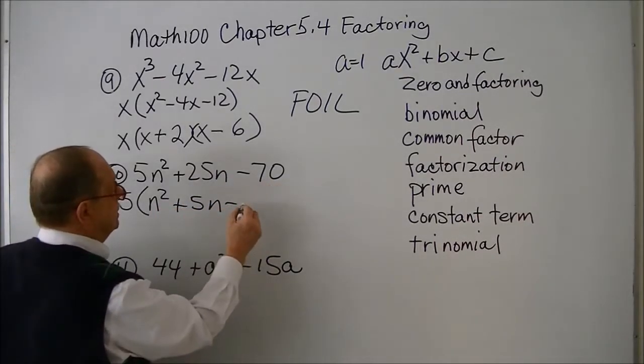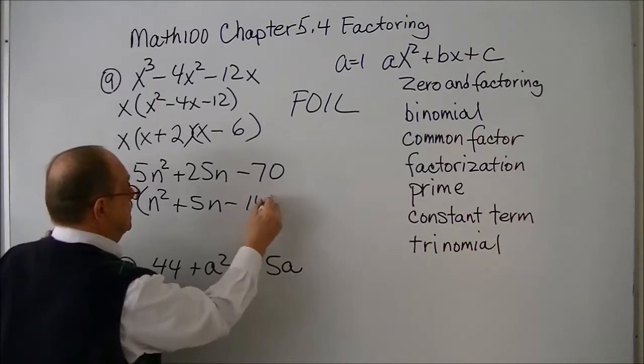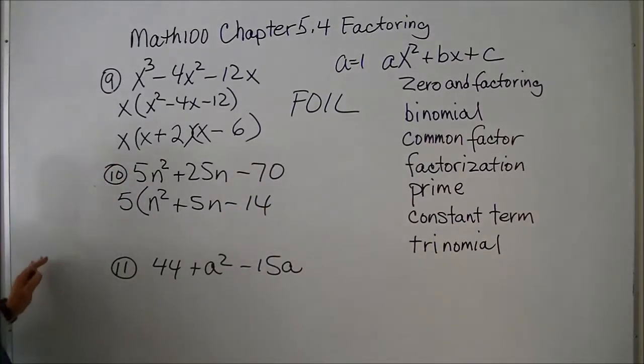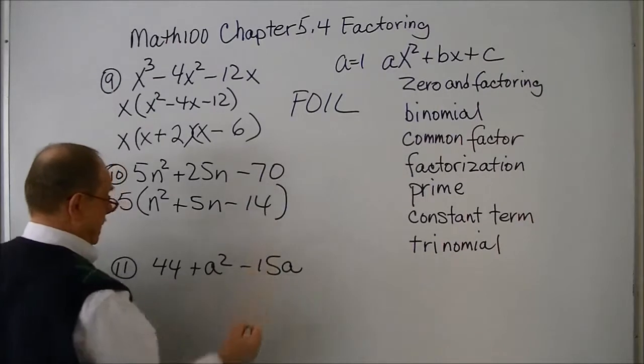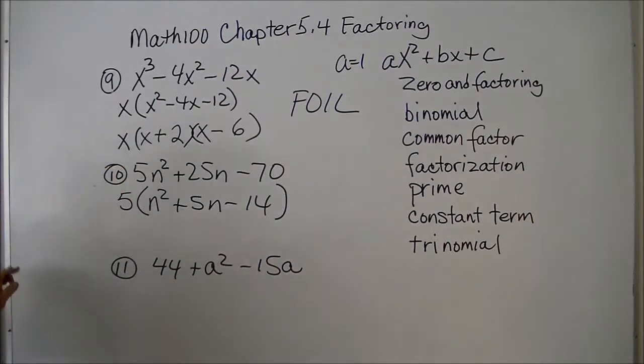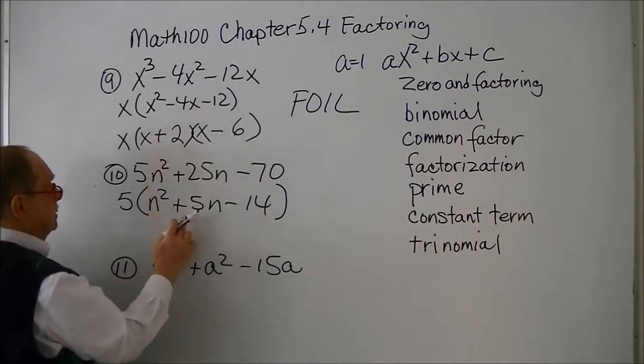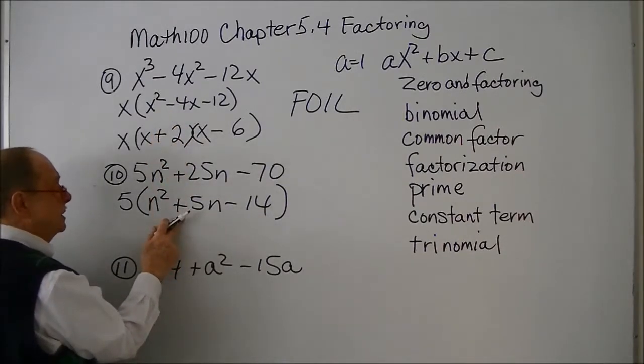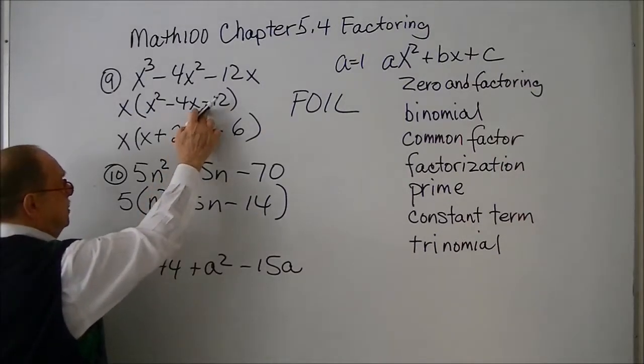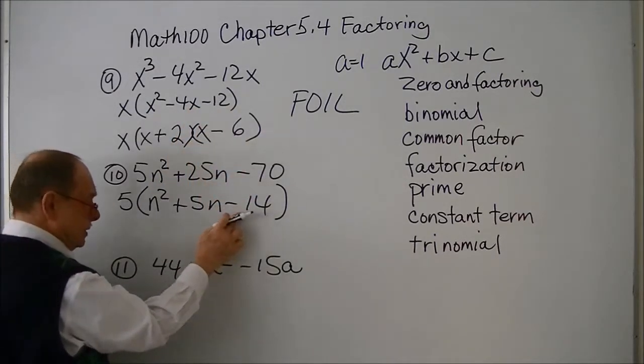And this is going to be 14. Now, notice where up here we had a negative for the middle term. Here we have a positive for the middle term. And for our third term, that was negative, and so is this one.